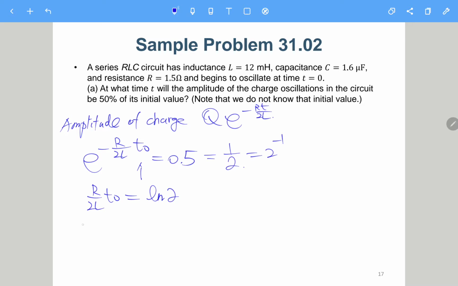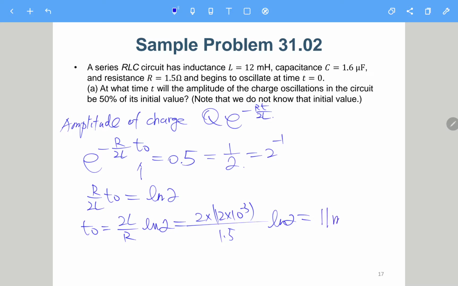So in this case, T0 is 2L over R times natural log of 2. Then we can just plug in the values: 2 times 12 times 10 to the minus third power over 1.5 times natural log of 2. So this becomes 11 millisecond.